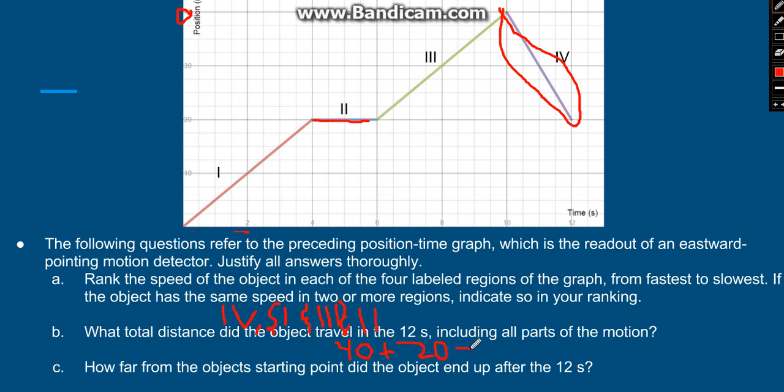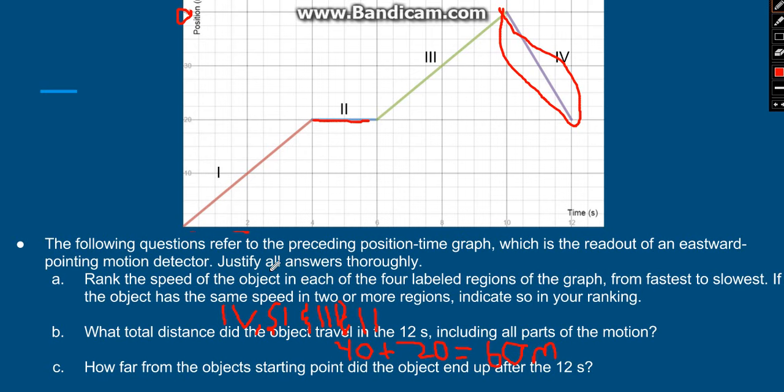This is just basic math: add up the 40 plus the 20. If this was a person, how much distance they actually moved, including all parts of the motion, would be 60 meters.